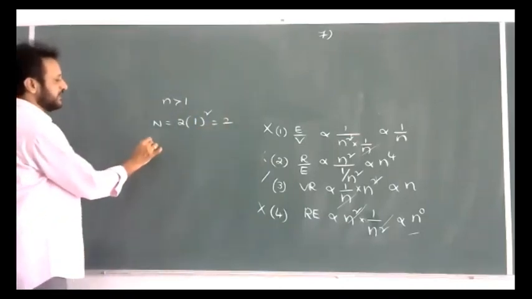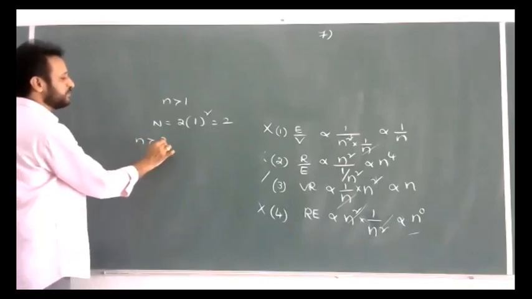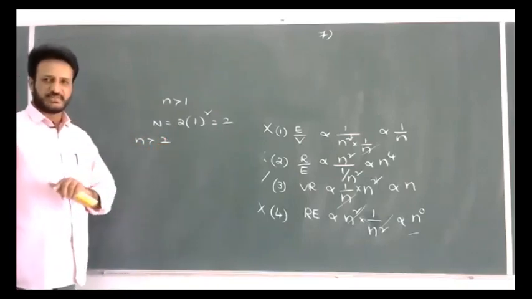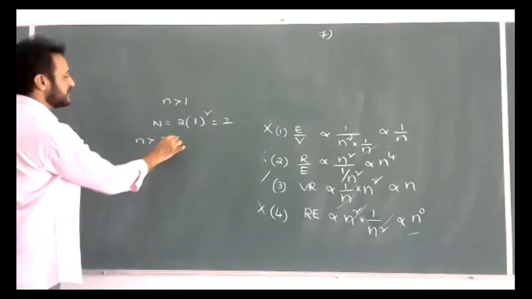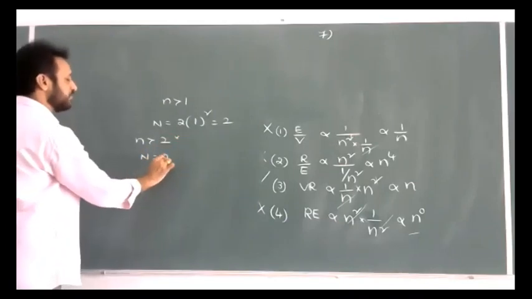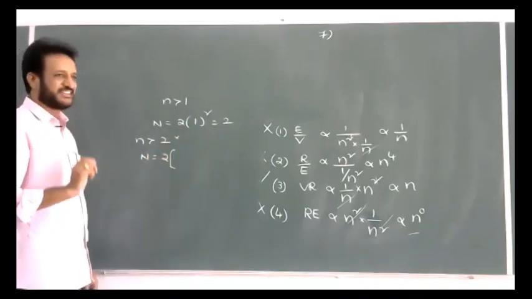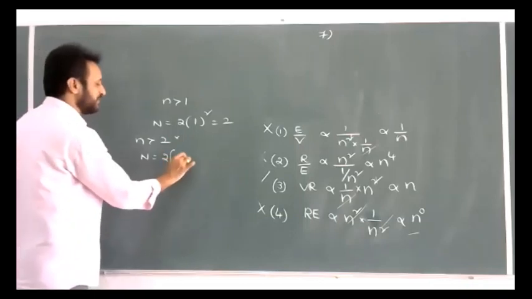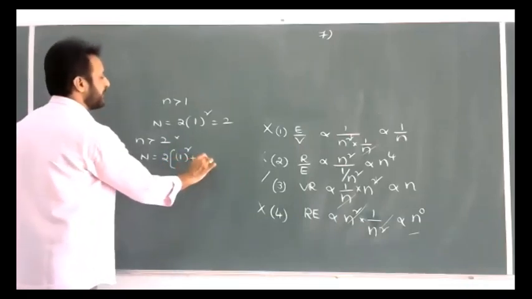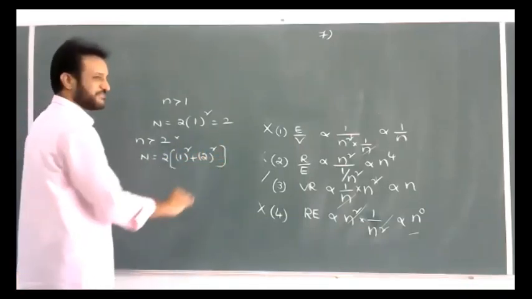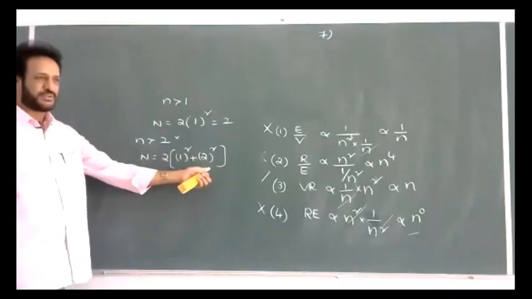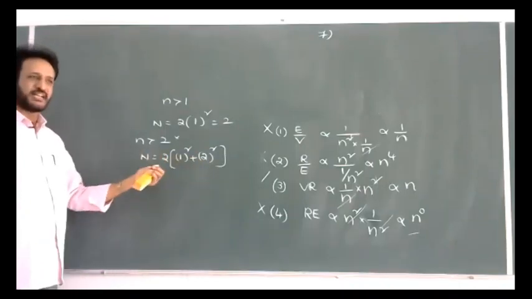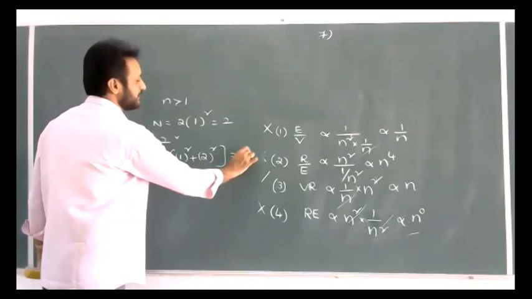For example, if n greater than 2 is not allowed, up to 2 allowed, then we should take the formula 2 into 1 square plus 2 square. That is 2 into 4 plus 1, which equals 5. 5 twos are a total of 10 elements possible.